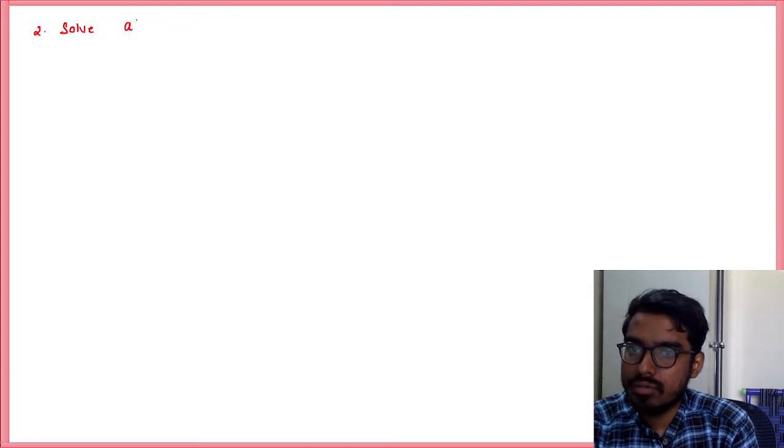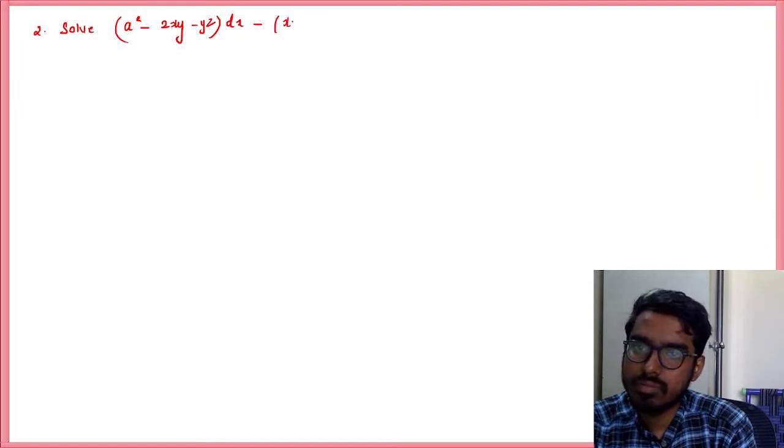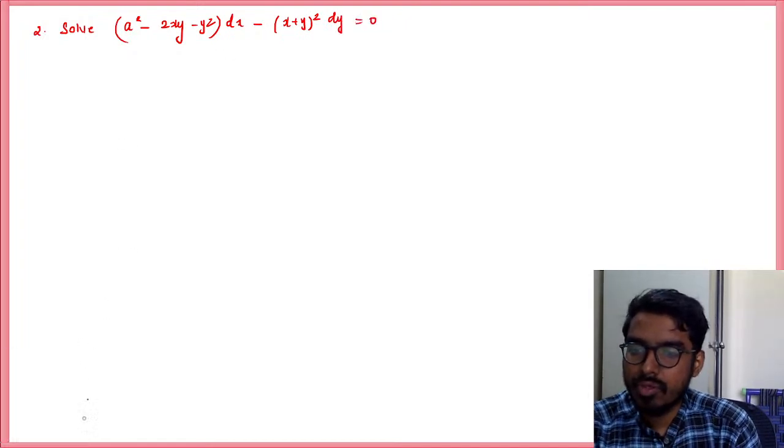So solve (x² − 2xy − y²) dx − (x + y)² dy = 0.